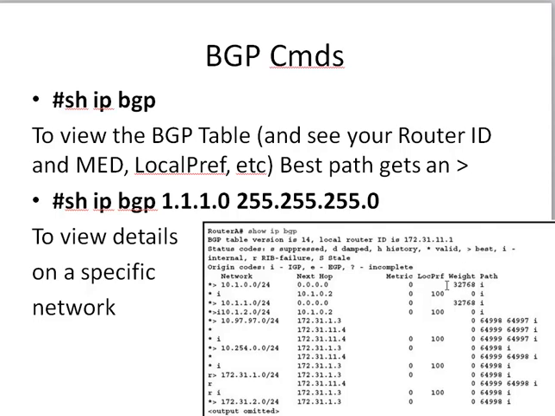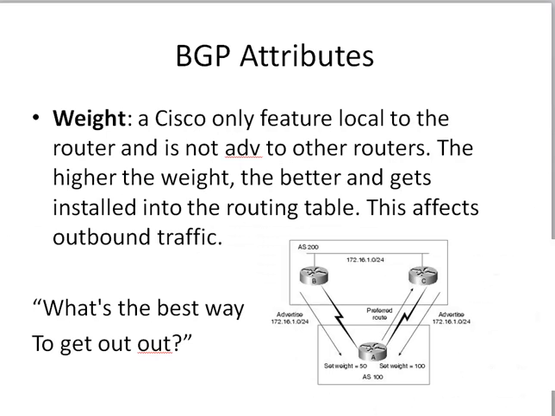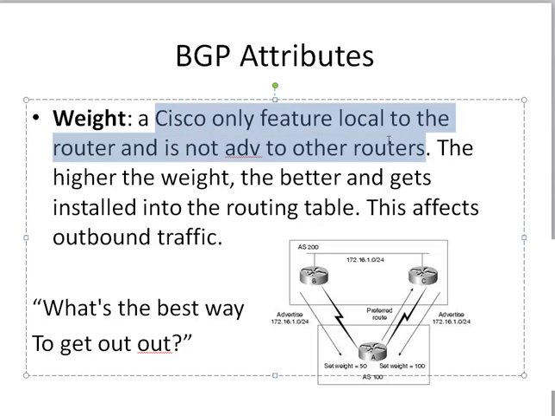That's one way you can check what the weight is for a particular network or prefix, as we call it in BGP. But as I mentioned, this is a Cisco only feature, and I've never seen the weight being used.